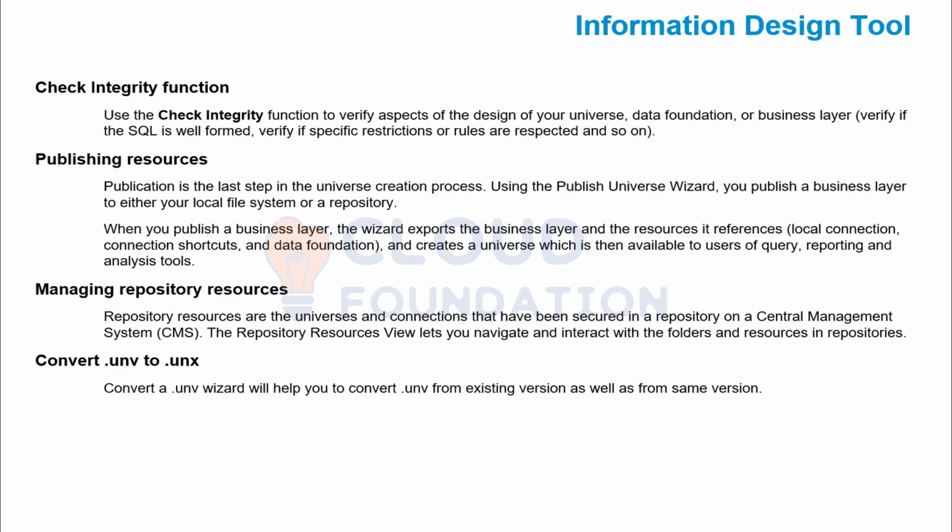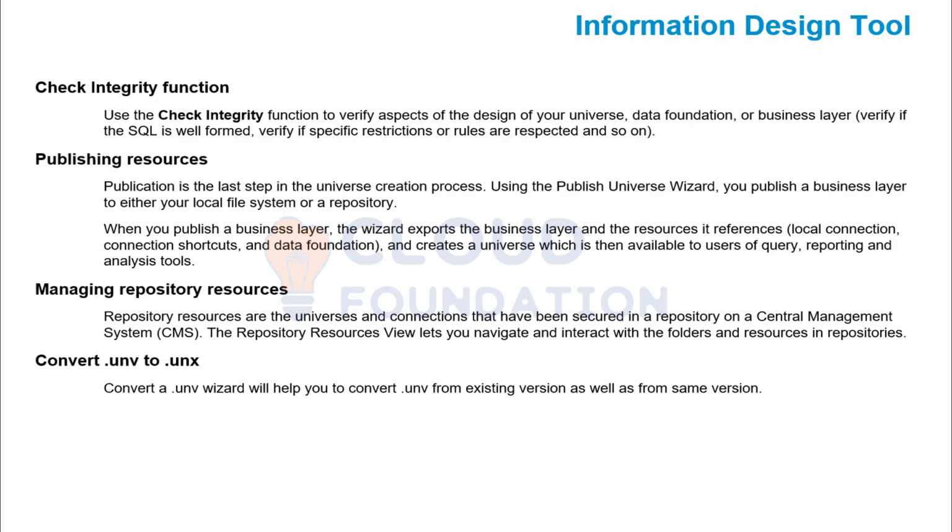So if the server is down, we will not be able to access the universe or report. So there will be admin people who keep that server up and running always. If there are any issues with the server, any network issues and all, they will restart the server sometimes, or they will restart the Tomcat, which is the back end of the server, so that the server will be up and running.